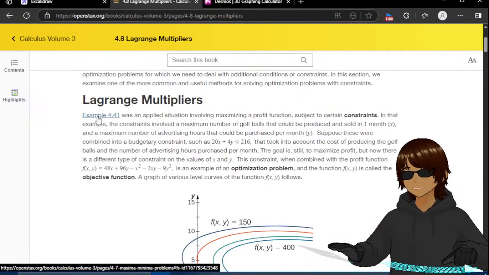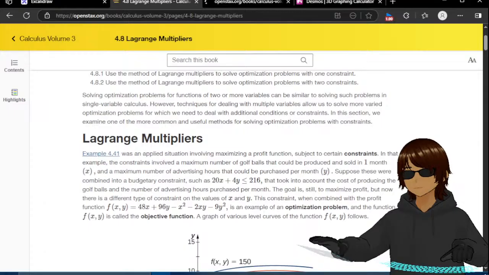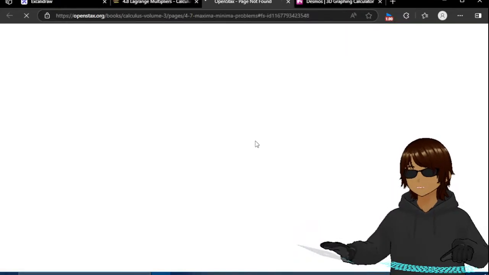Example 4.41 was an applied situation involving maximizing a profit function. Let me see that example.